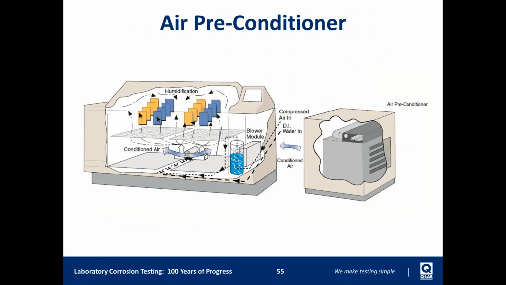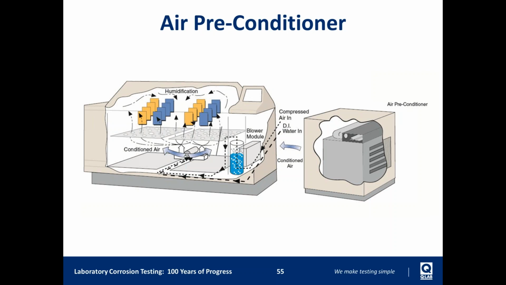So let's talk about controlling relative humidity. One thing that you'll run into with a lot of these test methods, because they're speccing out ambient conditions, which we usually mean around 23 degrees Celsius and 50% relative humidity, is that you will need an air preconditioner in order to meet those conditions.